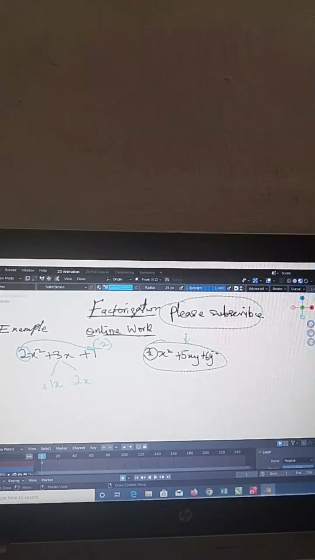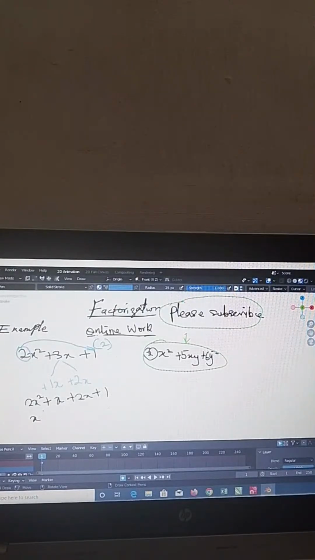Plus 1 plus 2. I'll replace it, and I will have 2x squared plus x plus 2x plus 1. What is common? 2x squared, what is common here? X is common.